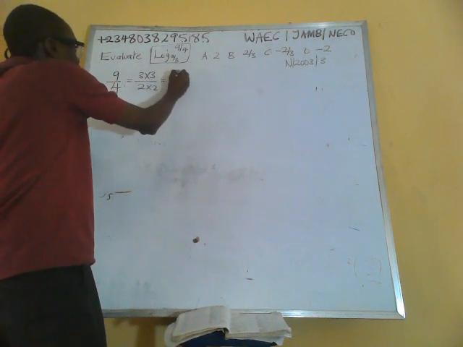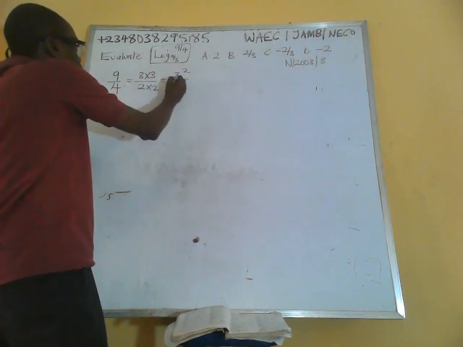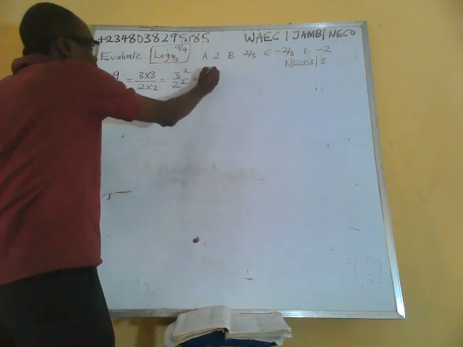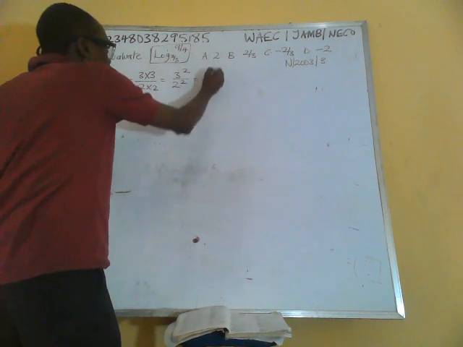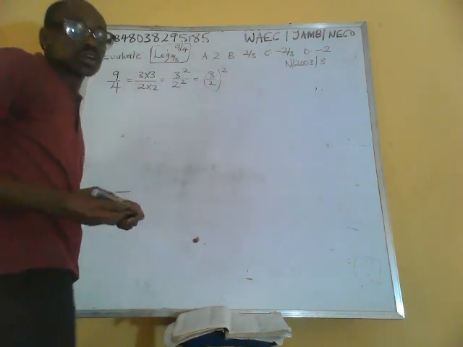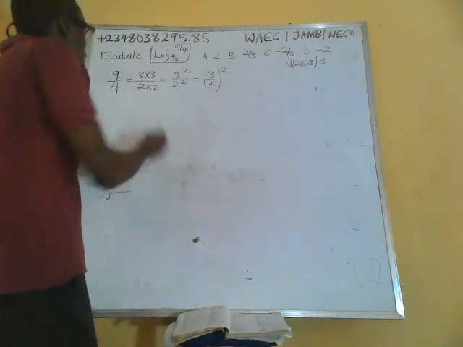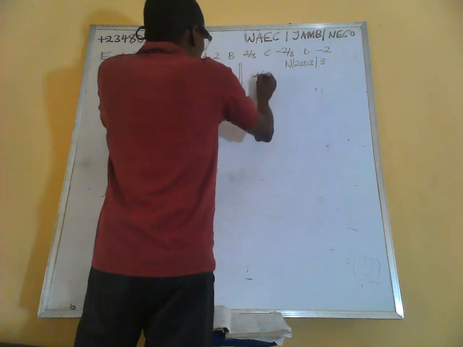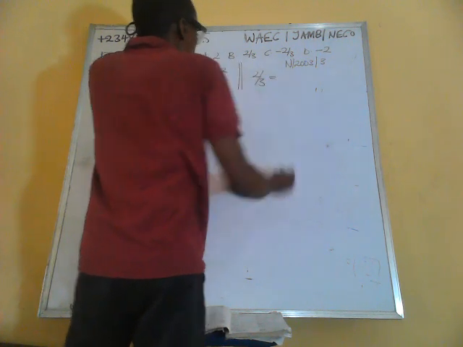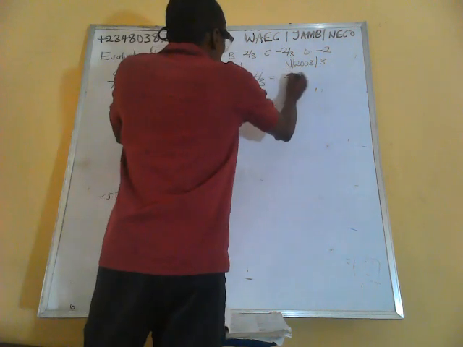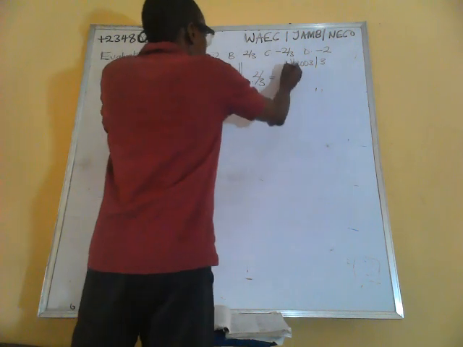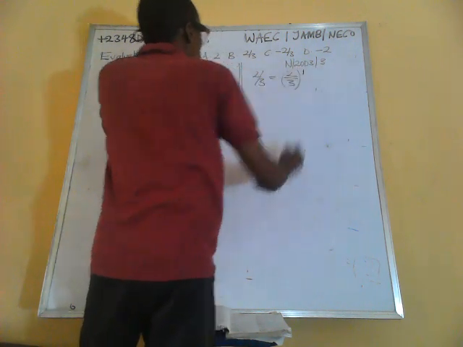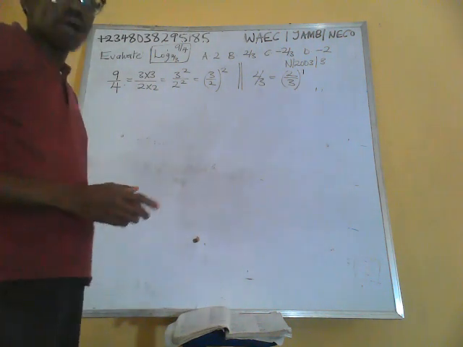So this can be written as 3 raised to power 2 over 2 raised to power 2, which is the same thing as 3 over 2 all raised to power 2, and 2 over 3 is the same thing as 2 over 3 raised to power 1.